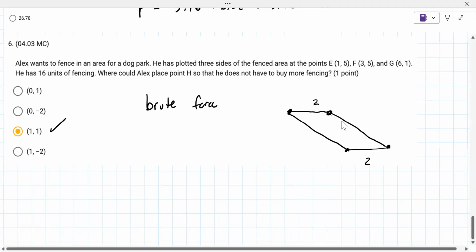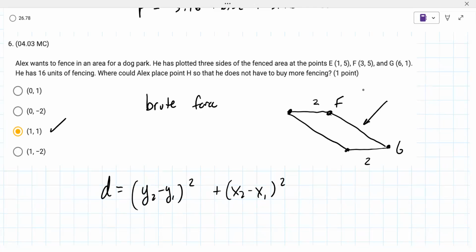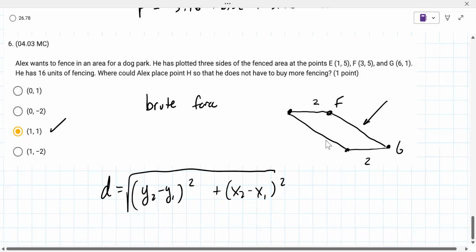You would basically need to find this length right here. You already know the distance between E and F is 2. So you can use the distance formula. Was that given in your class? We did that last semester, in this class. Okay, so it ends up being that this is 5.